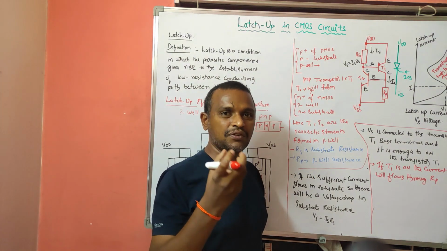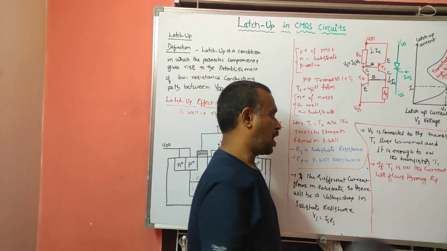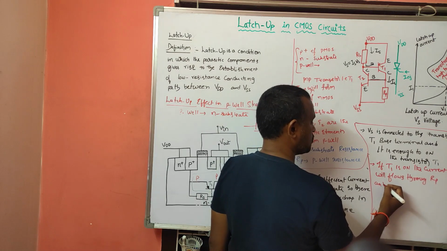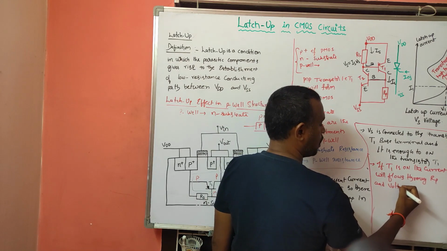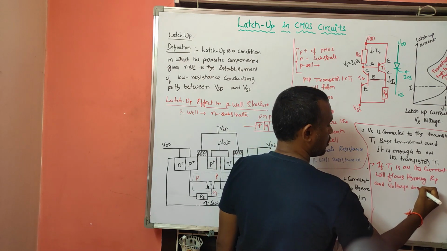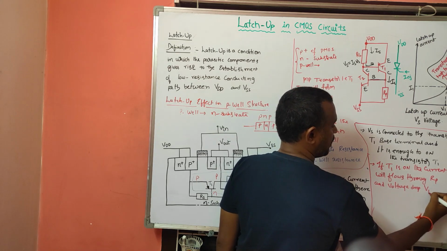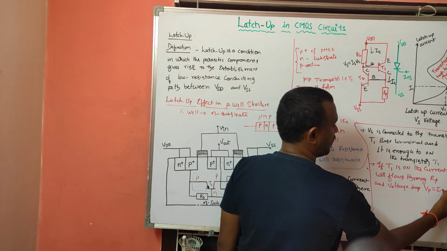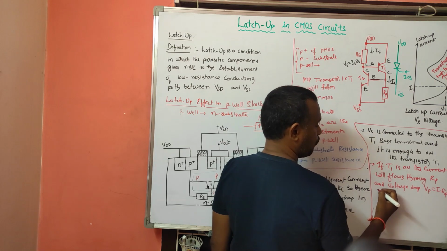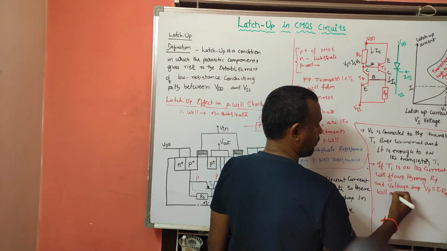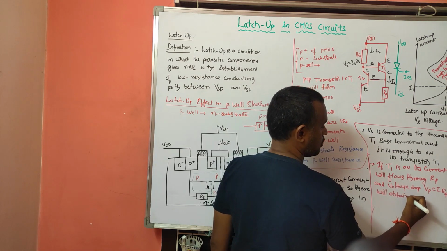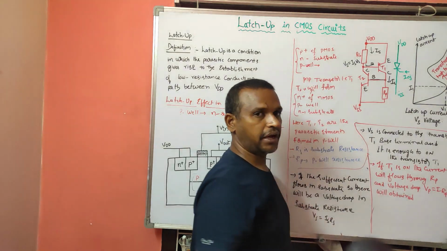The current flows through the RP, and a voltage drop Vp, that is equal to I into Rp, will be obtained.